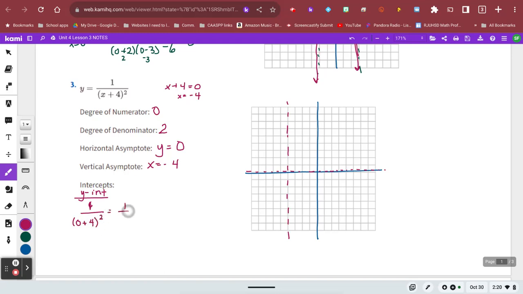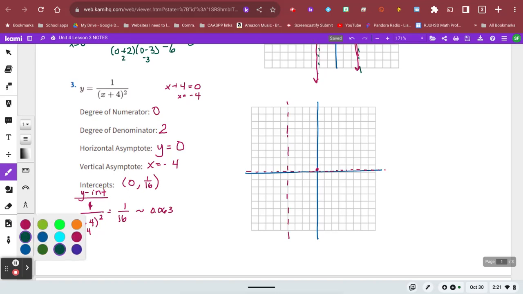It's just going to be 1 over 0 plus 4 is 4. 4 squared is 16. And that is about 0.063. So it would be very, very close to the 0 up there. Very, very close. And then we're going to graph it.